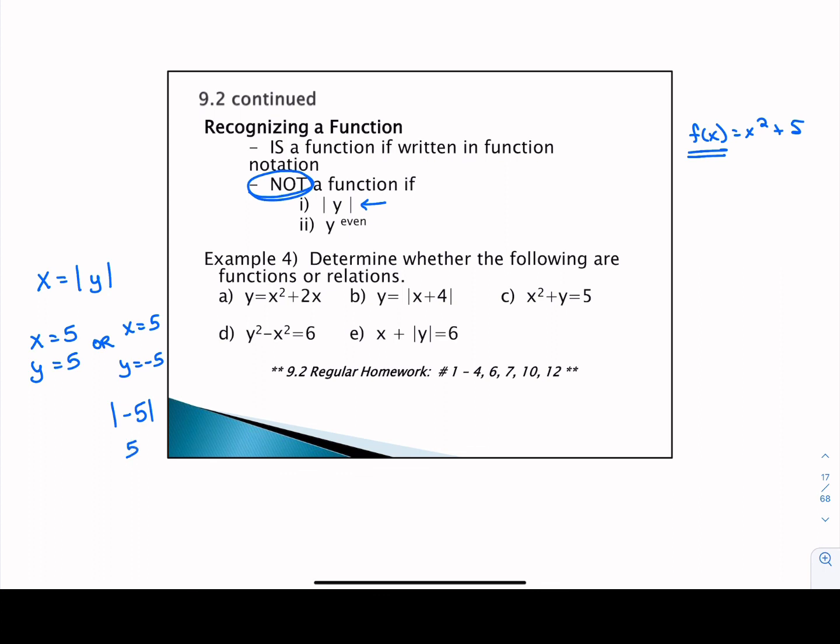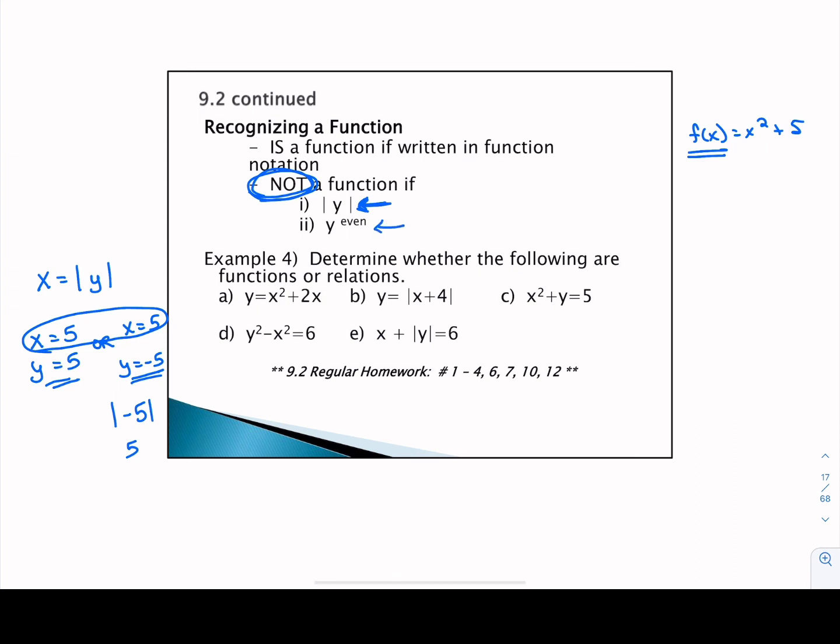So that's why the absolute value with a y inside tells us we have something that is not a function, because the same x value, so in this case x equals 5, corresponded to two different y's. Y was either positive 5 or y was negative 5. So absolute value symbols with a y inside mean you have things that are not functions or considered relations.